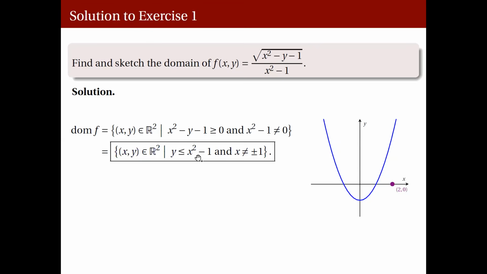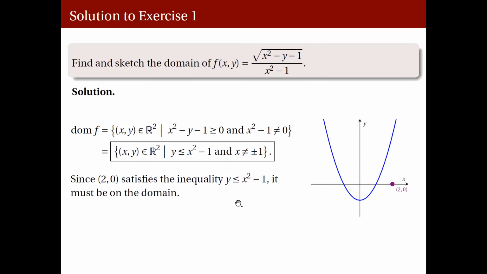Okay, so we will plug in x equals 2 and y equals 0, and one can check that the inequality is satisfied, so we will be shading the part of the plane containing (2, 0) to signify that it is included in the domain. So we shade this region outside the parabola.